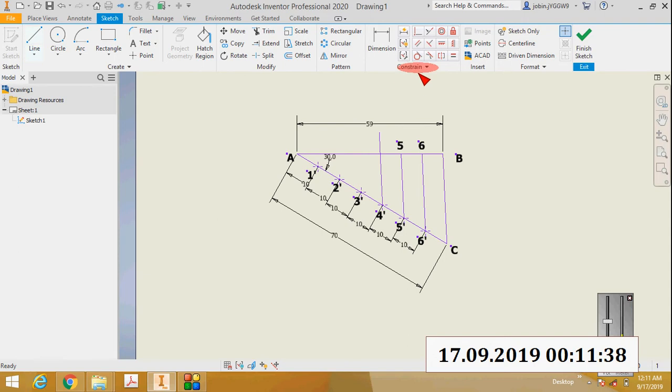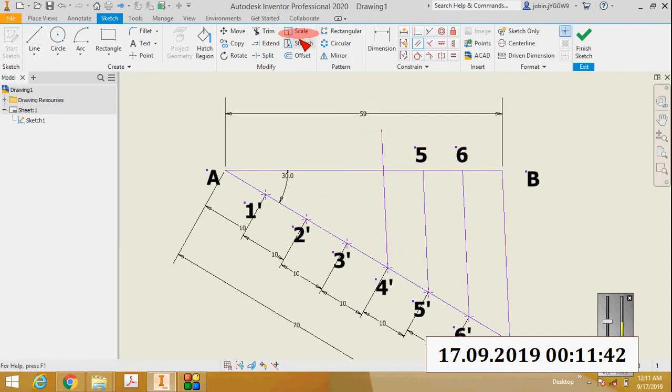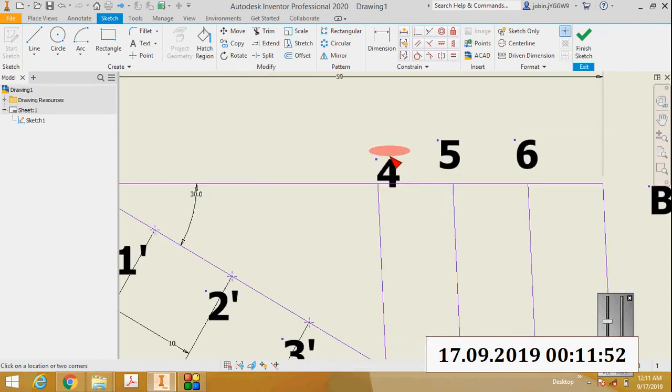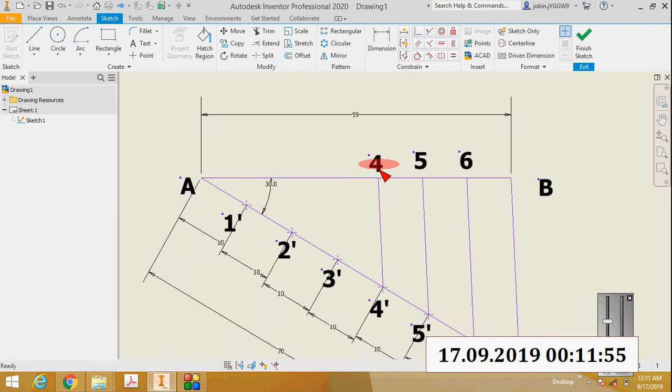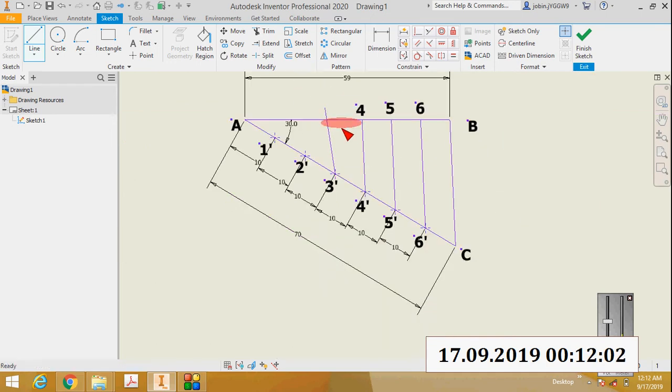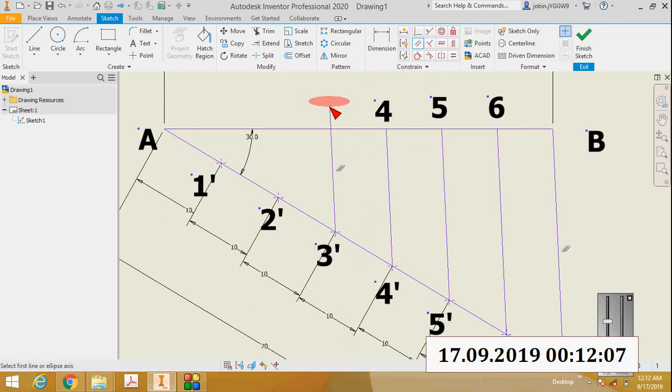The speciality of this line is that it is parallel to BC. And name this point as 4. Then from 3 dash draw another line, and this line is parallel to BC, and name this point as 3.